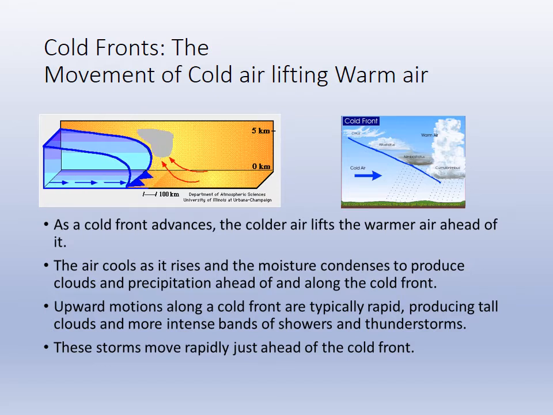You start off with cumulus clouds that quickly rise up in the atmosphere, and then you have your rain associated with it, fast moving through, and then you have an area of cooler, higher pressure behind it.